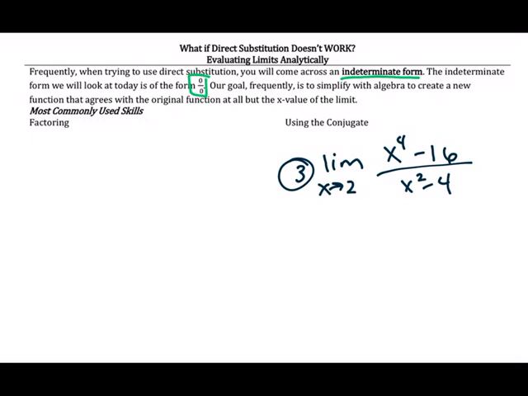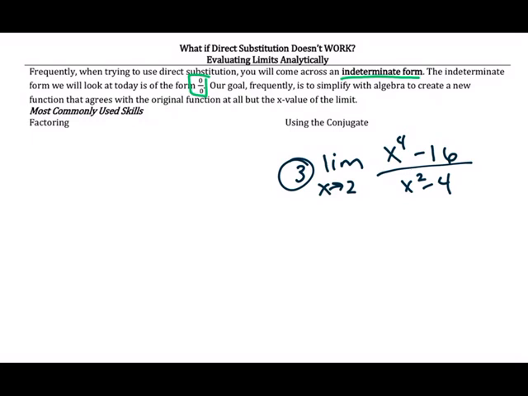There are 3 basic strategies to help when something like this happens. One of those strategies is factoring. The other one is conjugate, and one we're going to get to in the next video is actually using different trig identities or trig limit properties in order to help us simplify. So the first strategy we're going to focus on is factoring.